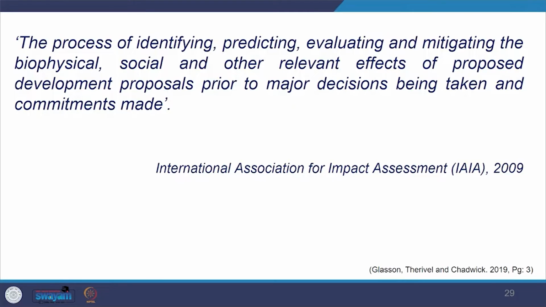Here we are looking at the EIA definition adopted by the International Association for Impact Assessment, IAIA, which says EIA is the process of identifying, predicting, evaluating, and mitigating the biophysical, social, and other relevant effects of the proposed development proposal prior to major decisions being taken and commitments made.